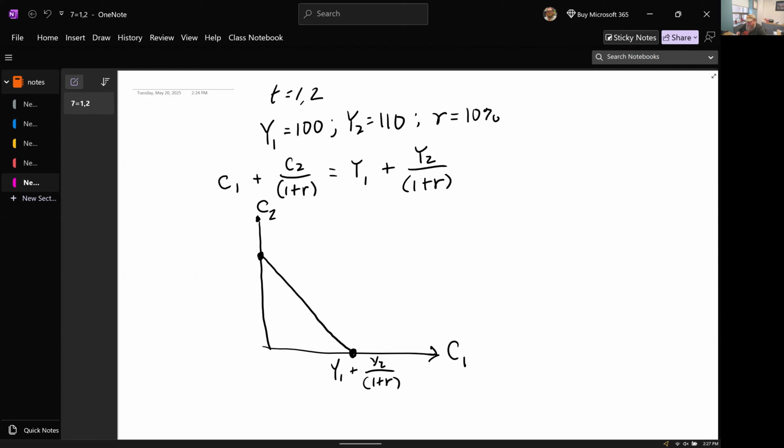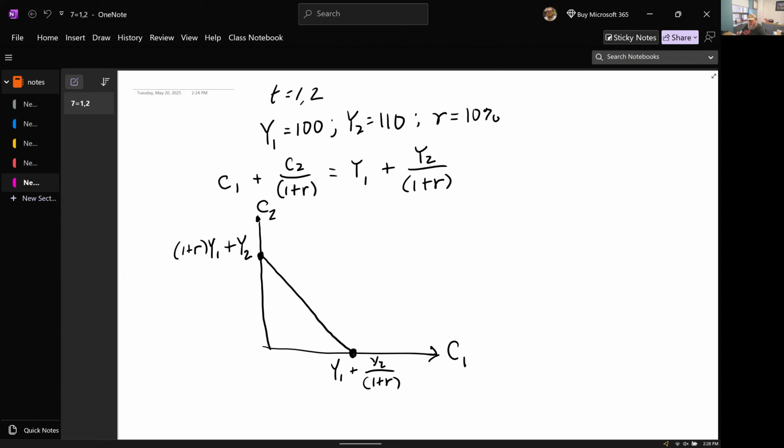Then the amount of money that I could spend on C2 is going to be the future value of my current income, so 1 plus r times y1, that's the future value of my income in time period 1, plus the amount of money I get in time period 2. And so this is how you generate your intertemporal budget constraint.